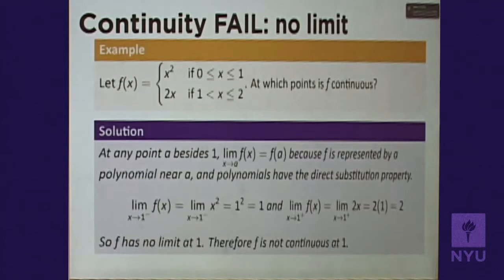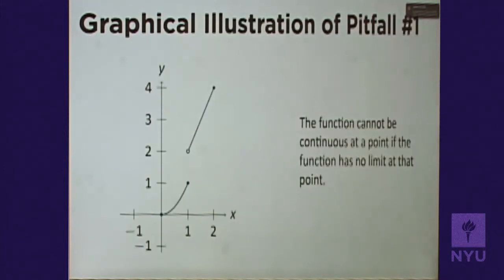So the limit from the left of the function is 1, and the limit from the right of the function is 2. And since the limits from the left and right disagree, the limit at 1 itself does not exist. Therefore, we can't say the function's continuous at 1. The limit of the function at 1 does not exist. And the graph of the function illustrates this point pretty well.